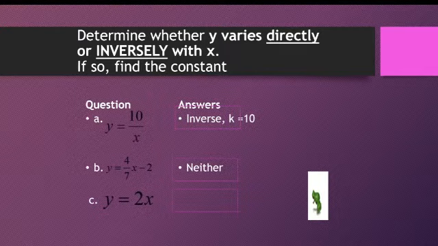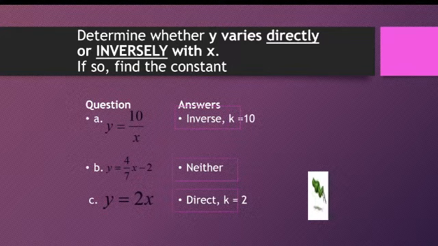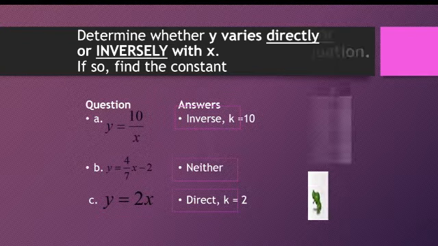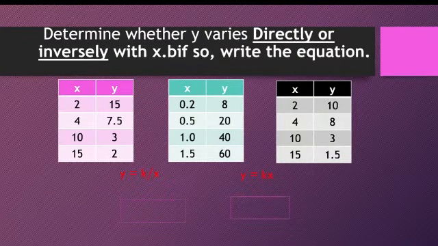So, it can't be direct or inverse. How about letter C? We have y is equal to 2x. Okay, so if your answer is direct, you are correct, with the constant of variation equal to 2. Okay, determine whether y varies directly or inversely with x.